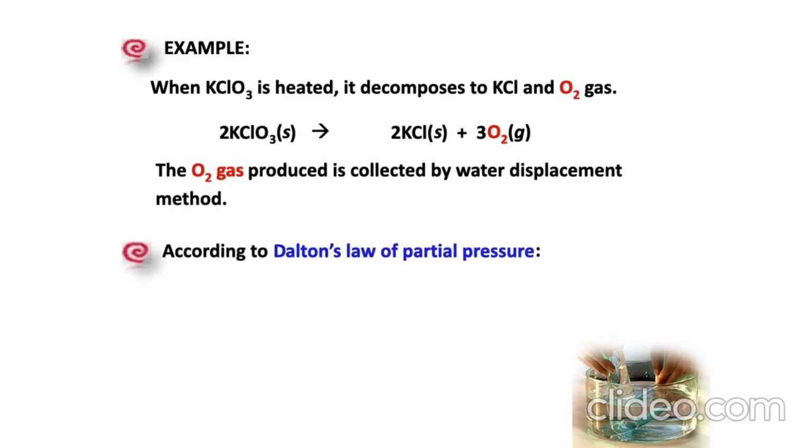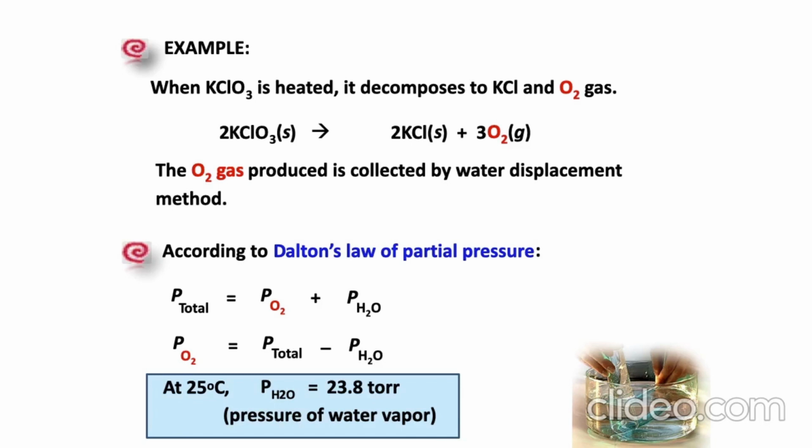According to Dalton's law of partial pressure, P total equals P oxygen plus P H2O. So P oxygen equals P total minus P H2O. At 25 degrees C, the vapor pressure of water is 23.8 torr.